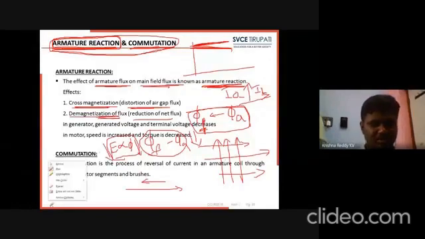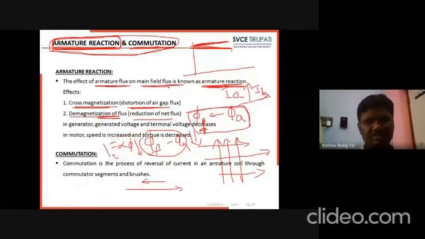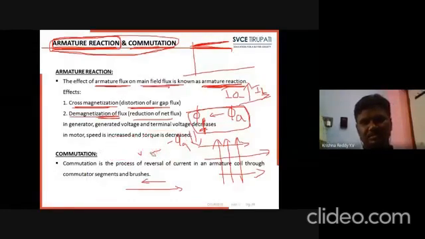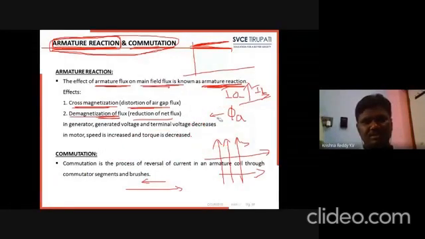This is all about armature reaction. The effect of armature flux on main field flux is known as armature reaction. As the flux decreases, induced voltage and terminal voltage both decrease.